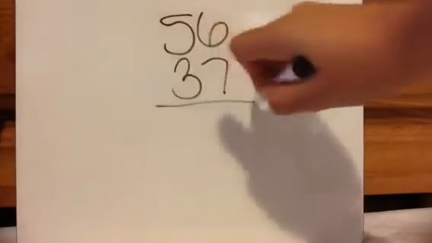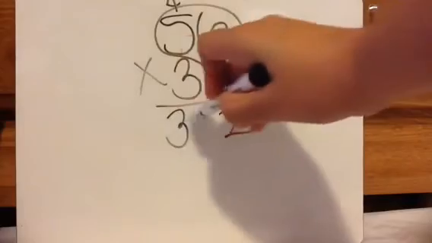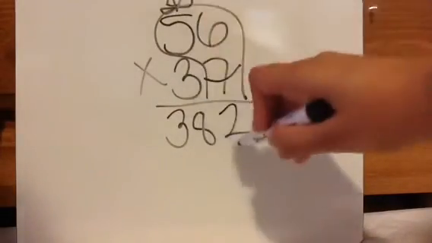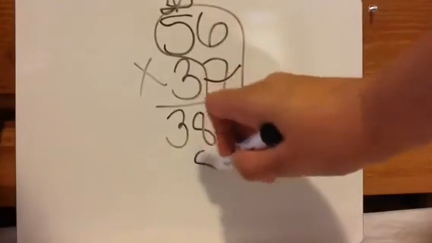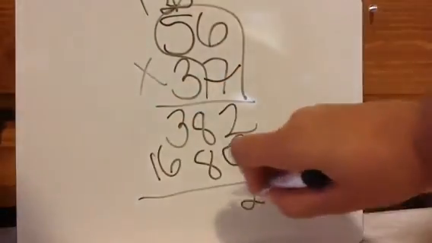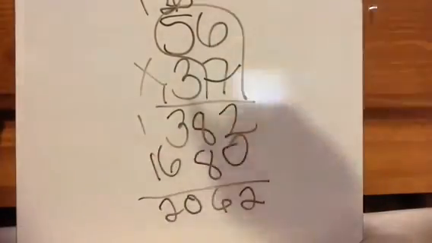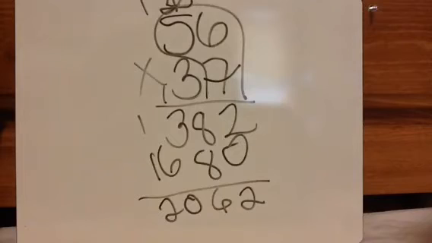So 56 times 37. 382. I'm going to just not do the colored markers. And I got 2,062 again.